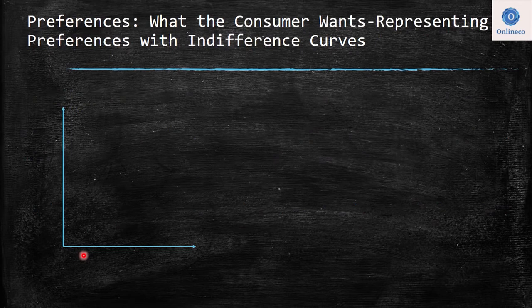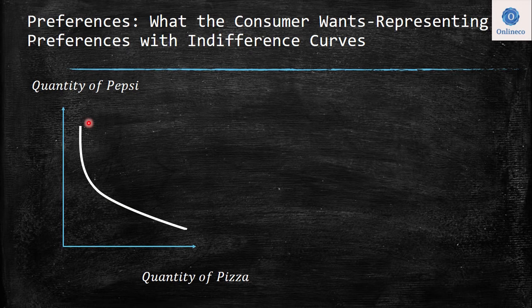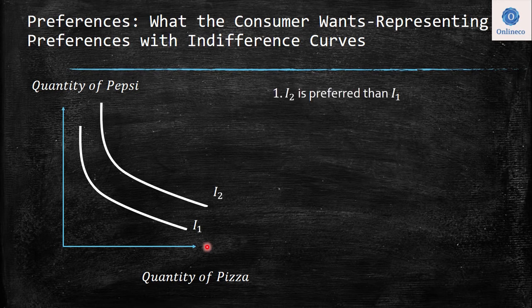So here we have the same axes, quantity of Pepsi and quantity of pizza. So this is our normal indifference curve. And we're going to analyze why it has that shape and what the properties of this one are. Here we label I1 indifference curve 1. This is indifference curve 2.